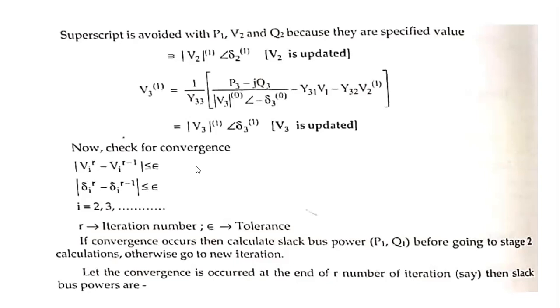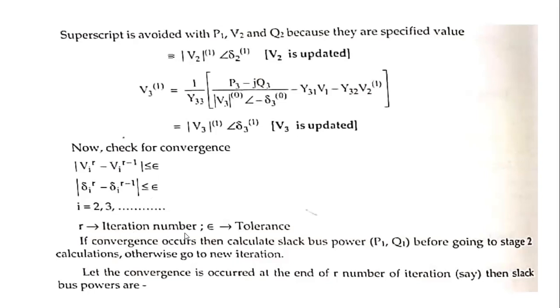Now check for the convergence. We check that Vi of r minus Vi of r minus 1 is less than or equal to epsilon naught, or delta i power r minus delta i power r minus 1 is less than or equal to epsilon naught, where i is equal to 2, 3 and so on.